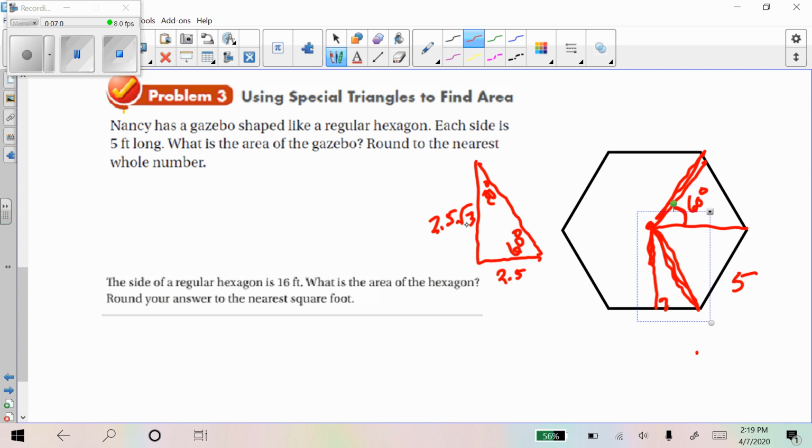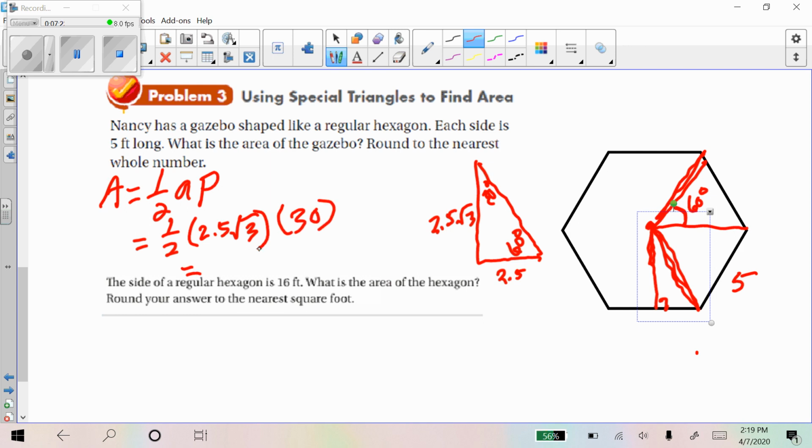So I have everything I need right now. I'm going to do 1/2 times the apothem times the perimeter, which is 1/2 times 2.5 times the square root of 3 times the perimeter, which would be 30, 6 times 5. And then if I wanted it in simplest radical form, it would just be 30 times 2.5, which is 75 divided by 2 times the square root of 3.